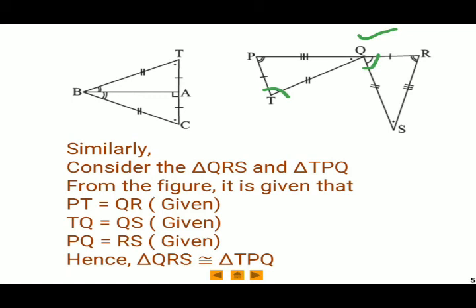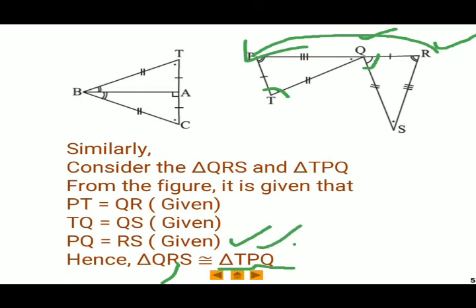So where we first write Q, on the other side we have to first write T. After that, after Q we have R. Here you can see R is matching with P. So after T we will write down P. After that the last S is remaining. So here what is remaining? Simply Q is remaining, because Q is the same vertex of both the triangles.